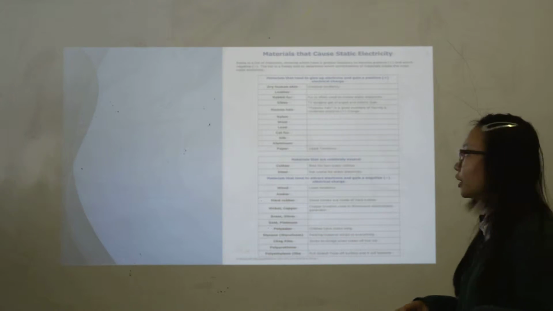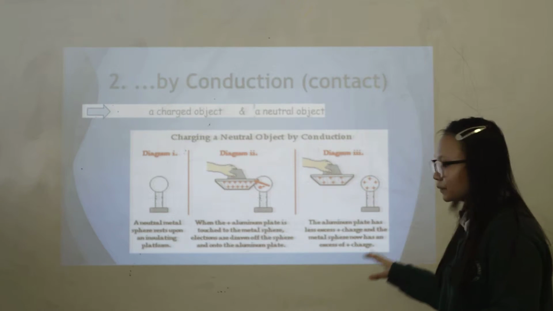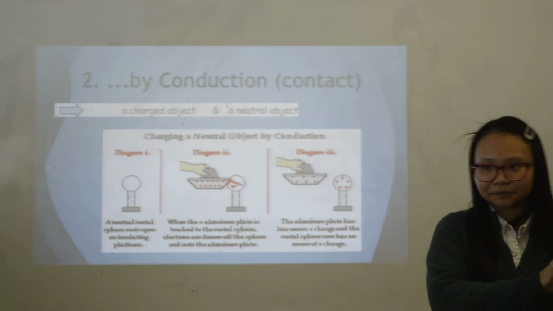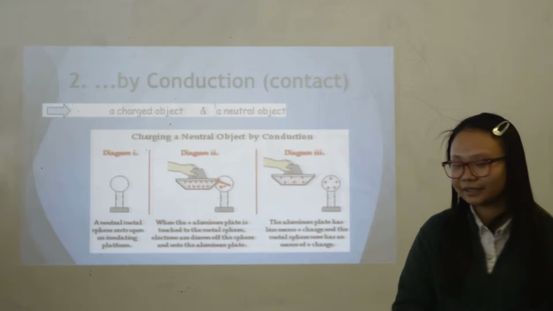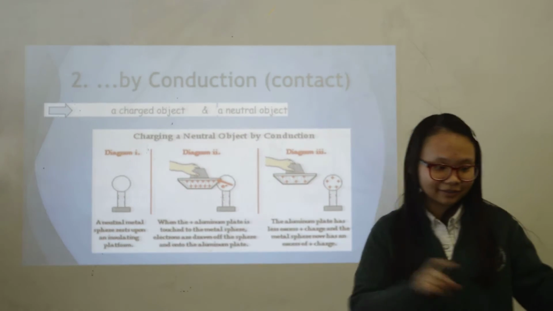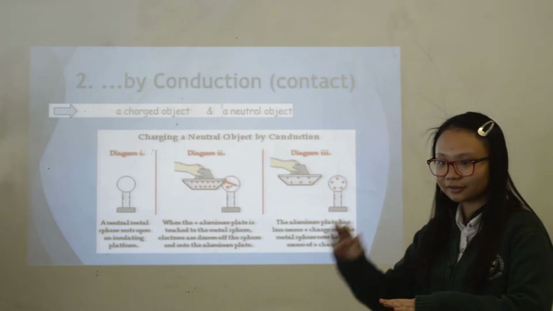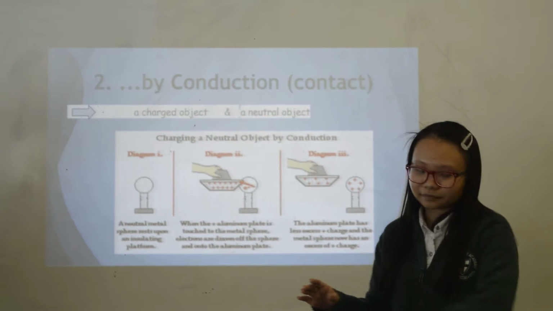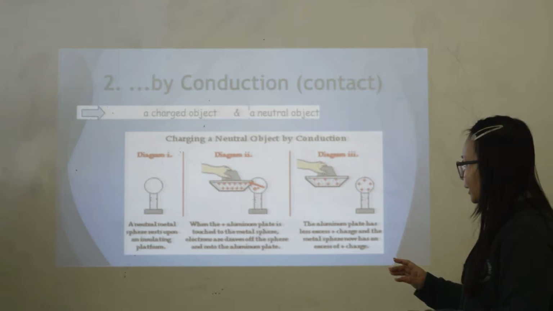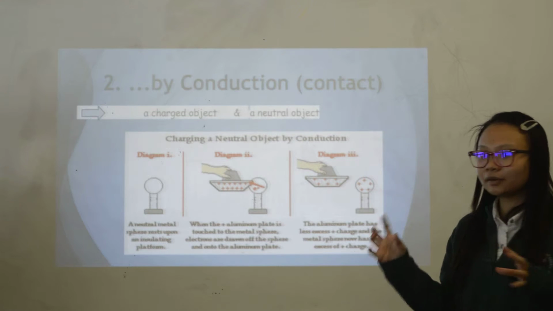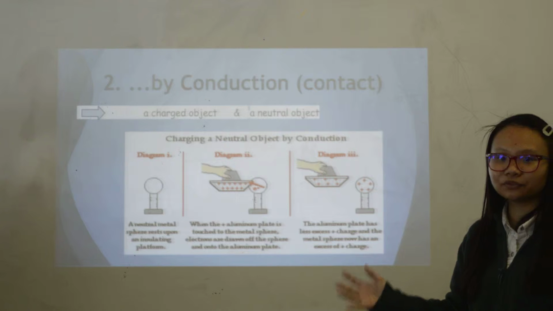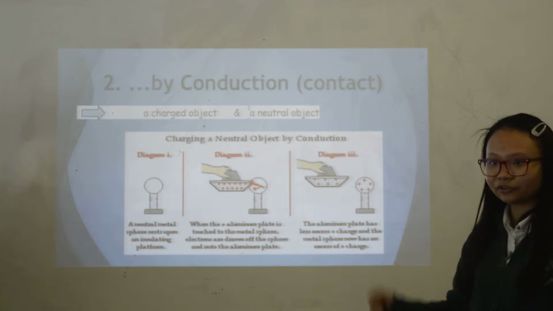The second method of charging is by conduction. By conduction, it means here is a charged particle, and here's a neutral one. The charged particle gets in touch with the neutral one, and it will charge the other one. Everything is made out of particles, which means we all have electrons.